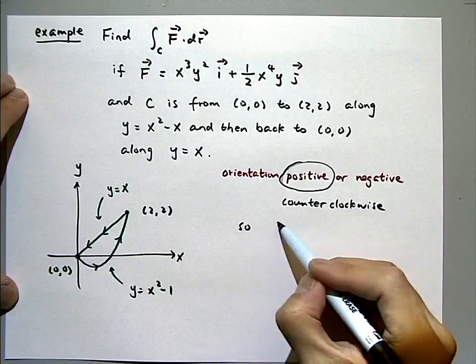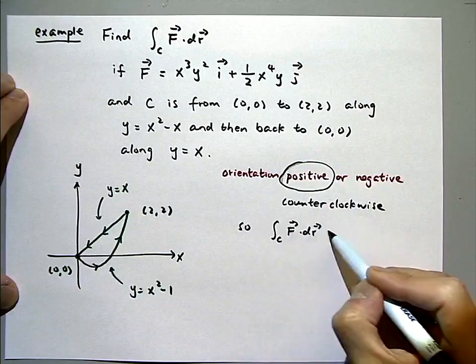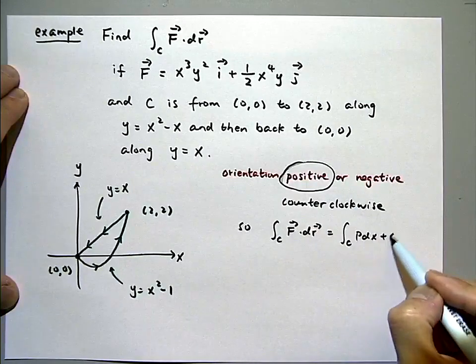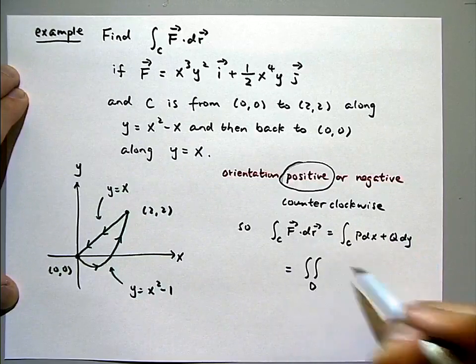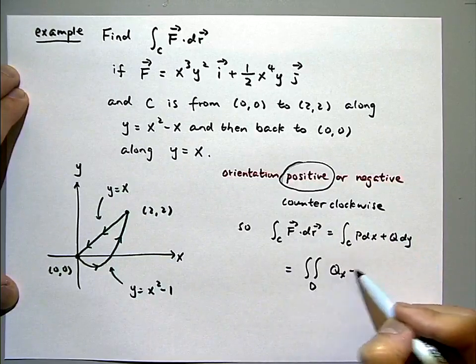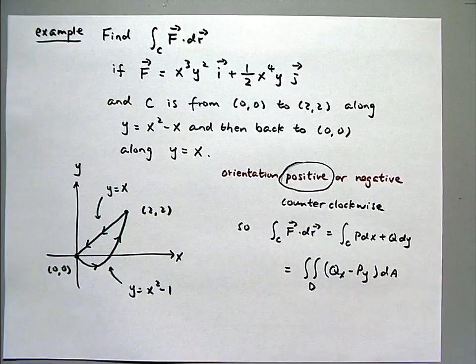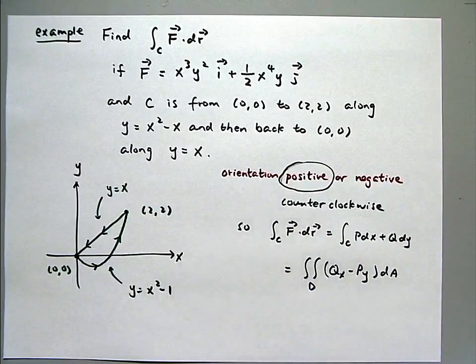So this means we're going to end up just calculating using Green's theorem. If I were going the negative direction, I would put a minus sign in front of the double integral to account for the fact that we're going the negative direction.